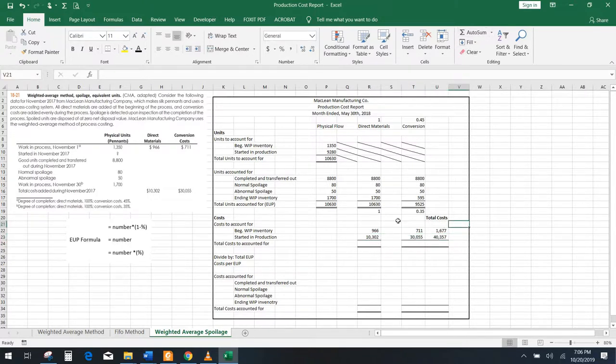Okay. Now we divide by total EUP, and this equals this. This equals this.